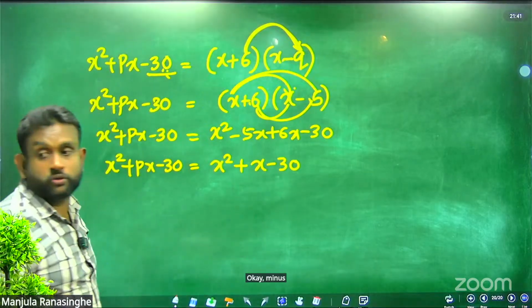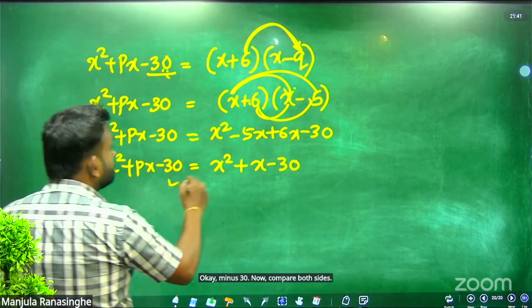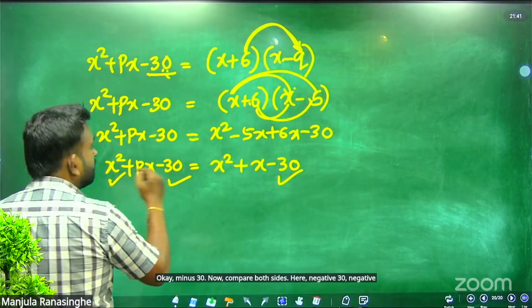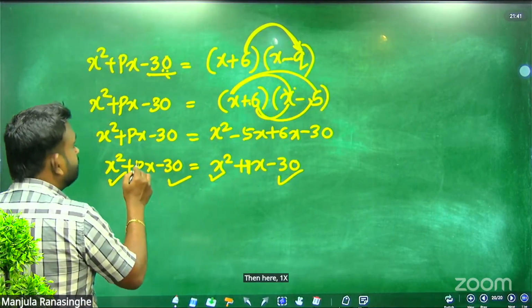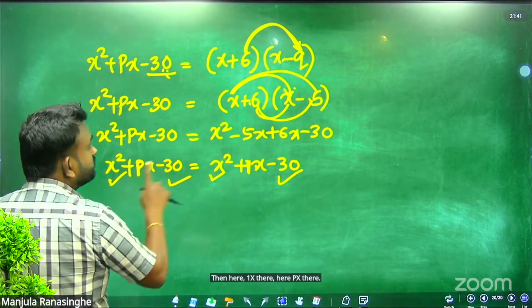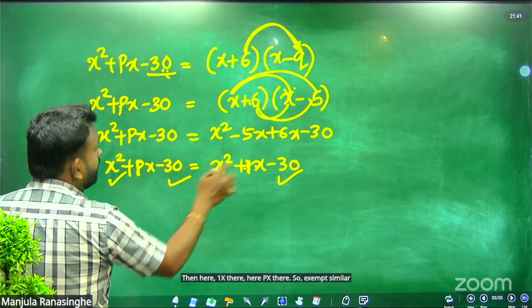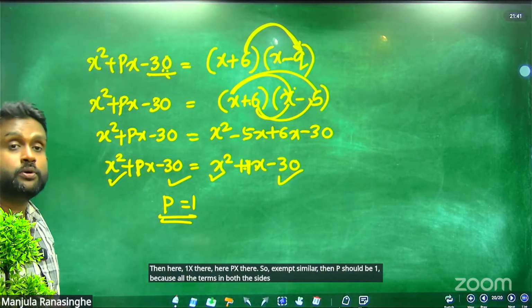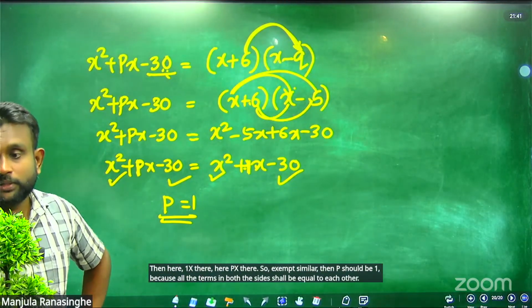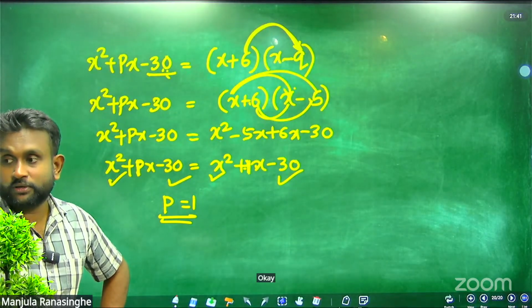Now compare both sides. Negative 30 fine, x squared fine. Then here 1x, there px. So the x terms are similar. Then p should be 1, because all the terms on both sides shall be equal to each other. Okay, that's what we did.